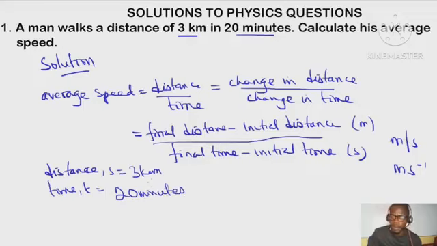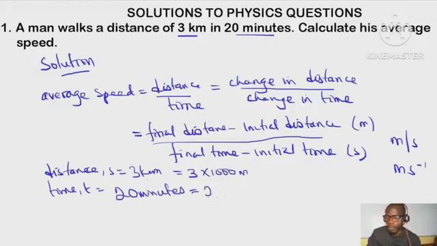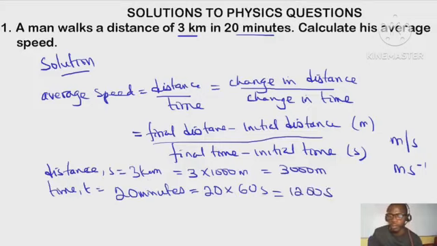So you are going to convert the kilometers to meters, and it's going to be 3 multiplied by 1000 meters, because 1000 meters equals 1 kilometer. And also this is going to be 20 times 60 seconds, because 60 seconds make 1 minute. So we are going to have 3000 meters, and this is going to be 1200 seconds.